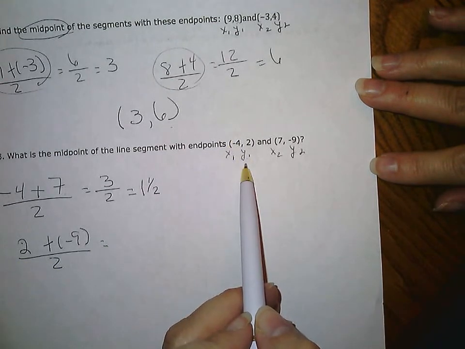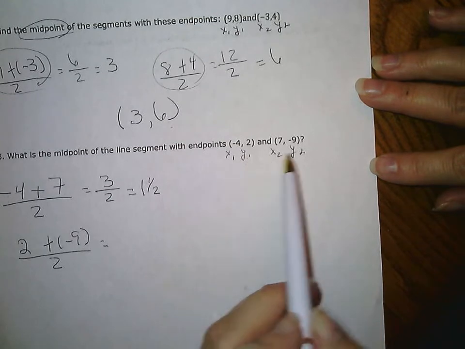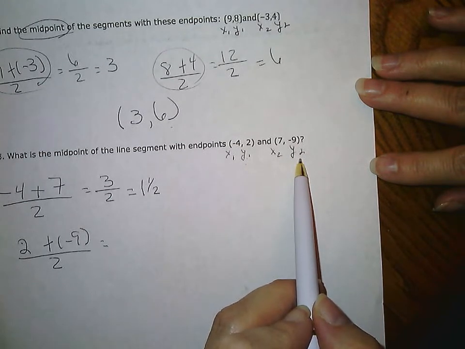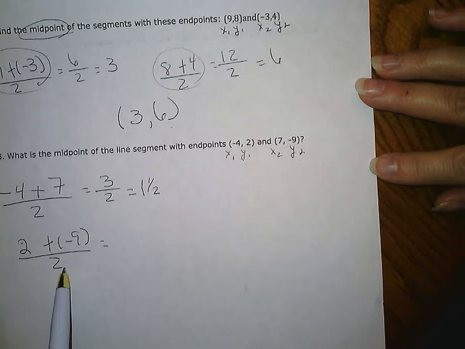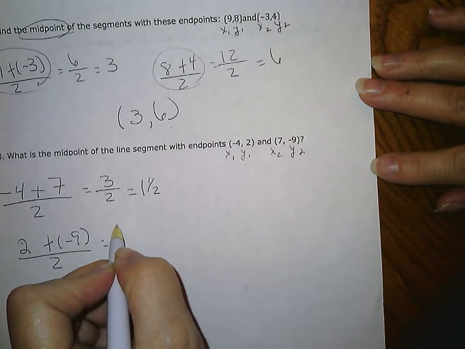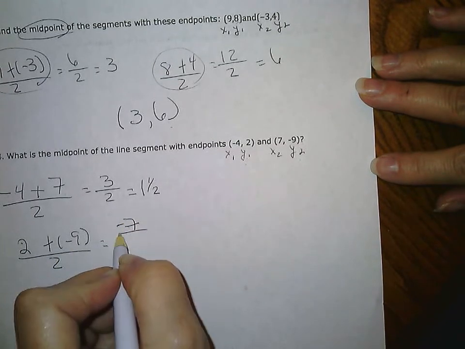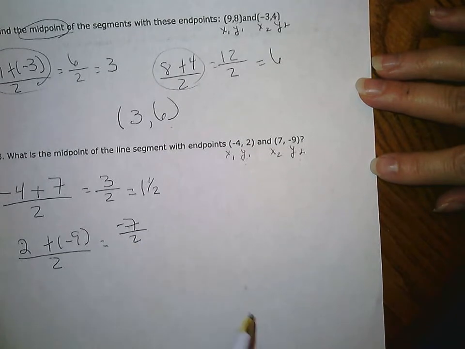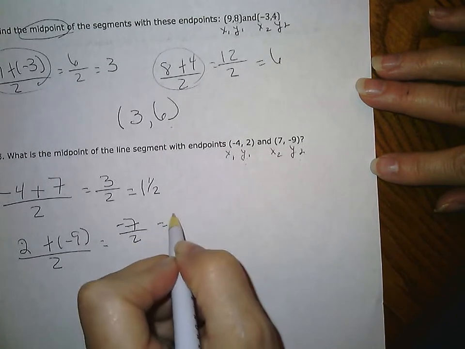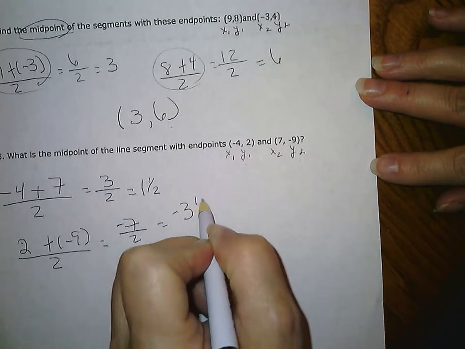Y sub 1 is 2. Y sub 2 is negative 9. 2 plus negative 9 divided by 2. That's negative 7 divided by 2. That gives us a negative 3 1/2.